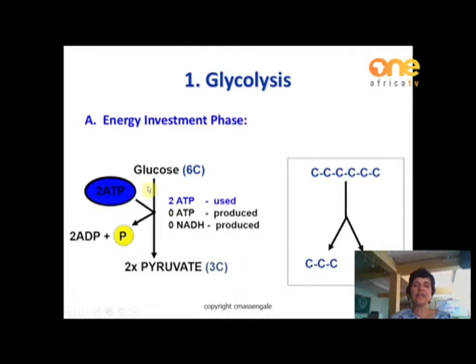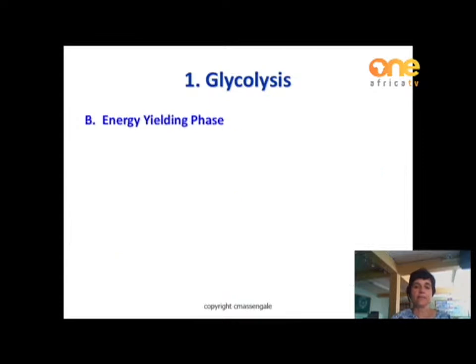It needs to invest 2 ATPs, so it needs energy to be released in order for this process to take place. So 2 adenosine triphosphates will release their energy, and that brings us back to 2 ADP plus P, a molecule that can be used to build up energy again.